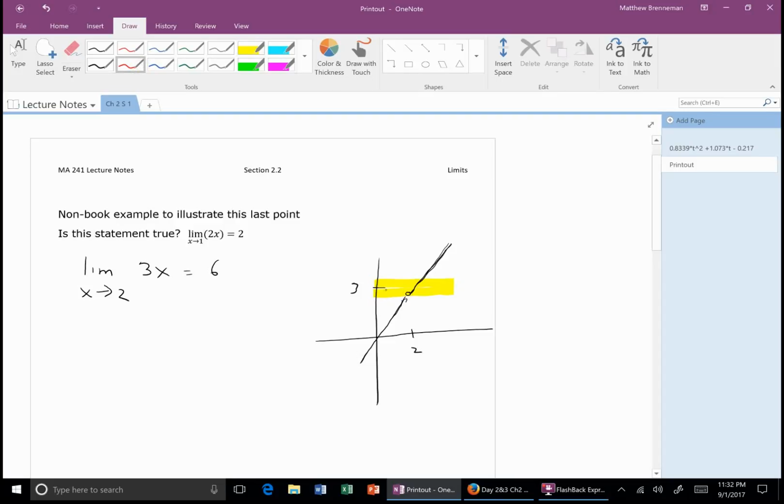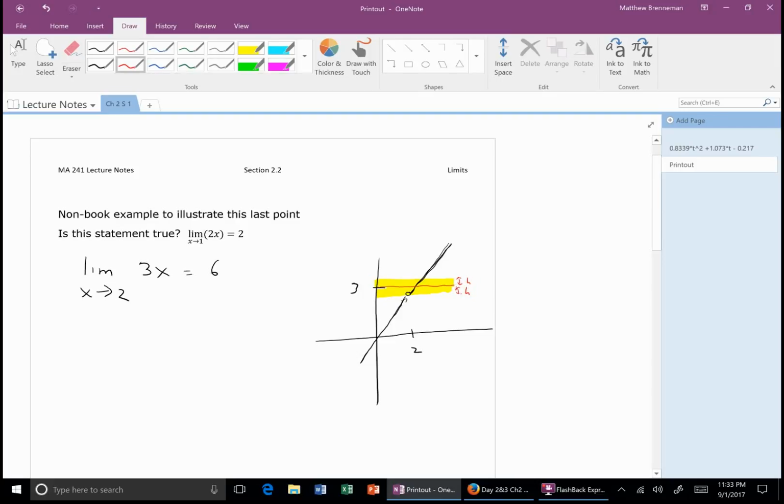I'm just going to give this some name. I'm going to make up a name. I'm going to draw this little band around 3, and you're going to require me to get both of the y-coordinates within this little band. This band is like a tube.